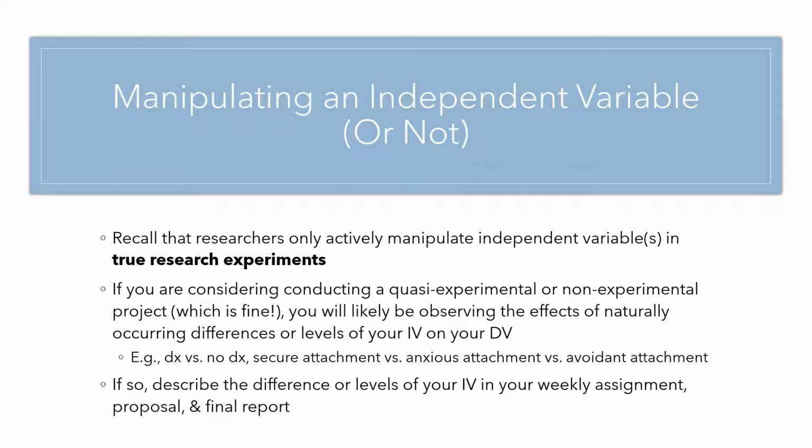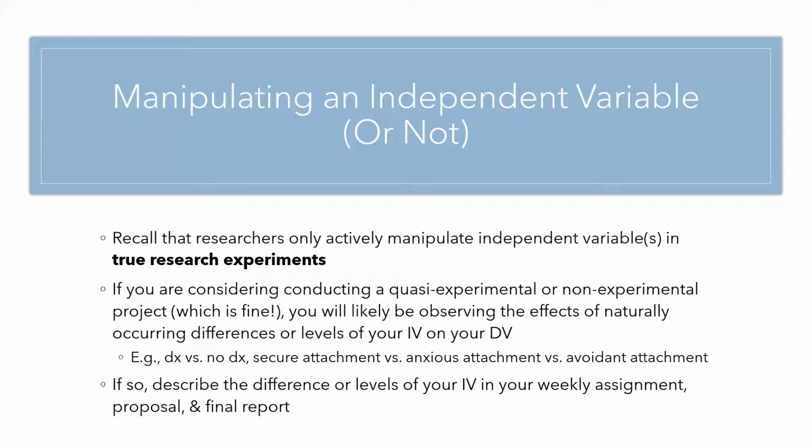For the purposes of your own research project, if you are considering conducting a quasi-experimental or non-experimental project, which is totally fine, you will likely be observing the effects of naturally occurring differences or levels of your independent variable on your dependent variable. So for example, you may be comparing one group who has a diagnosis of some mental illness versus another group who does not have a diagnosis, and comparing them on a given outcome variable, or say looking at different levels of attachment.